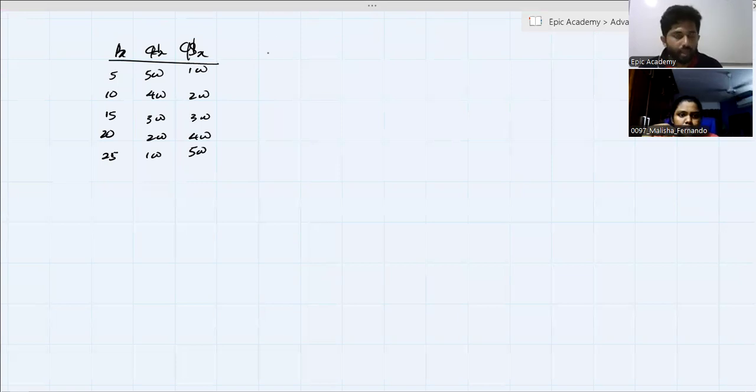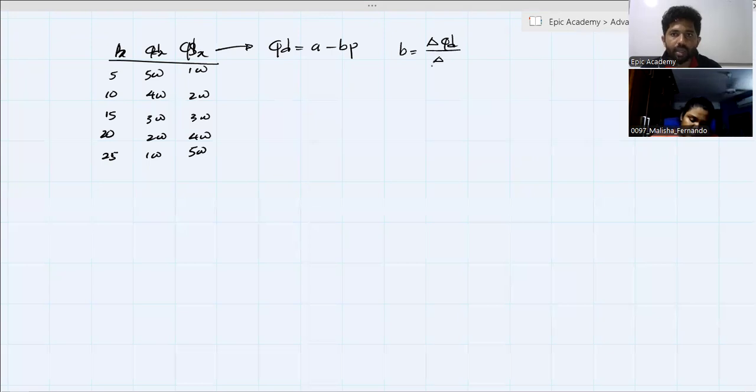information we have been given. So first of all, we have to derive the demand equation and supply equation for the given information. Already we know that QD equals A minus BP. First you have to calculate the value for B, delta QD divided by delta P. Delta QD is just 100, and delta P is only 5 rupees.